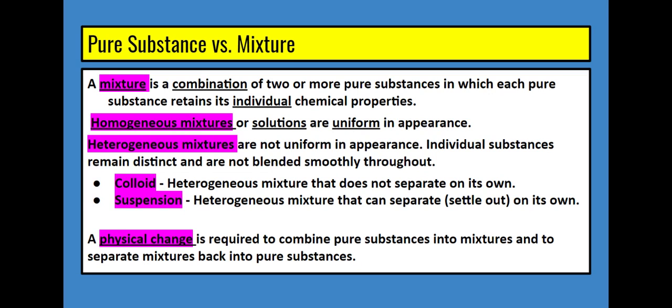Now, a physical change is required to combine pure substances into mixtures and to separate mixtures back into pure substances. So when we form a mixture or break apart a mixture, it is through a physical change. So like mixing the chocolate milk, mixing is a physical change. When you add all your ingredients together to make your chicken noodle soup, you are just adding them and combining them together. That is physical change.